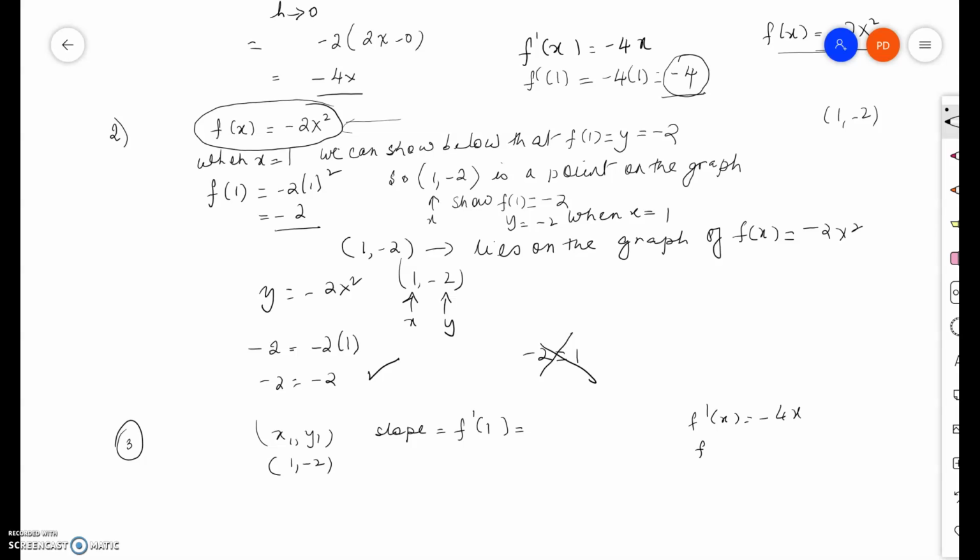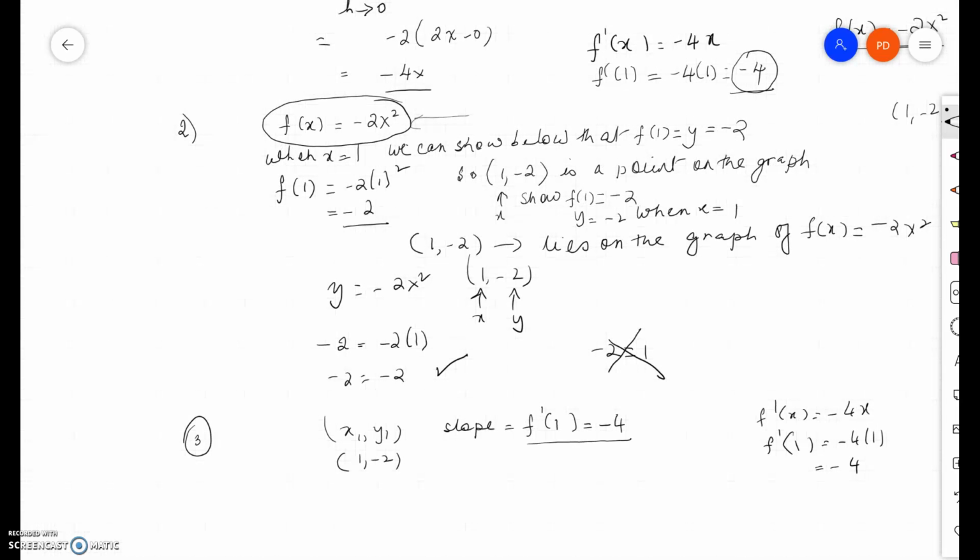If I plug in a 1, I get -4 times 1, which is equal to -4. So the derivative of the function, which is also equal to the slope of the tangent line at x equals 1, is -4. So the slope m is equal to -4.